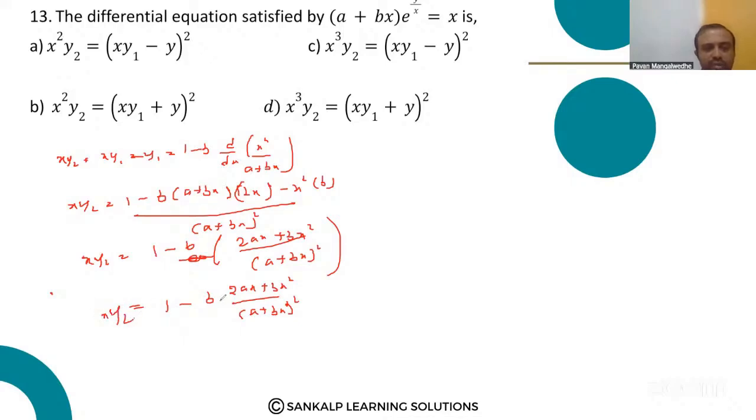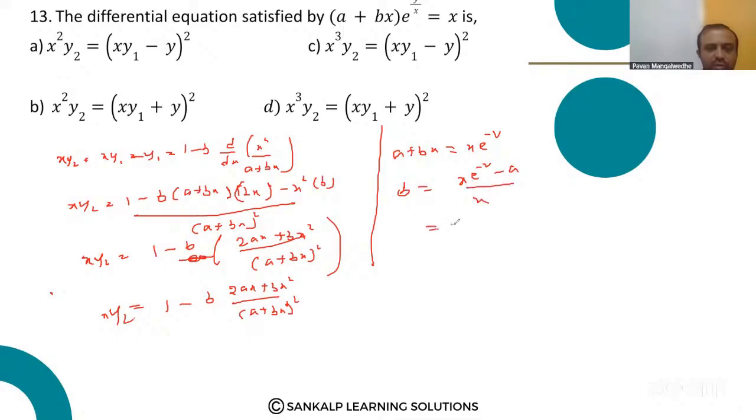Sorry, equation number 5. Just by approaching this in the standard form, that is a plus bx as x raised to x into e raised to minus v. V is equal to x into e raised to minus v minus a upon x.